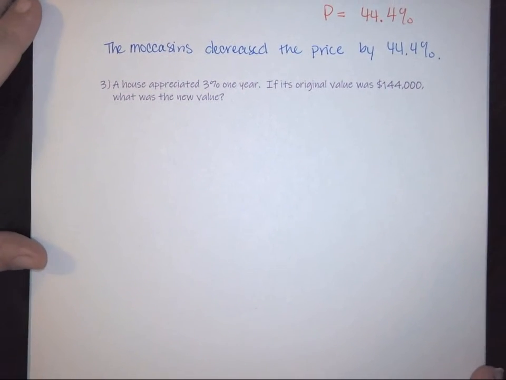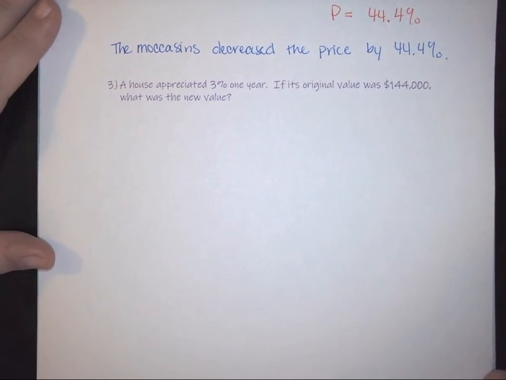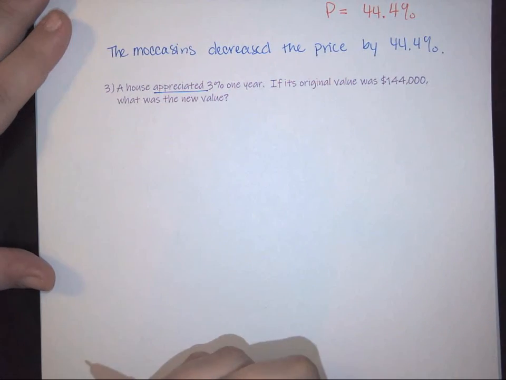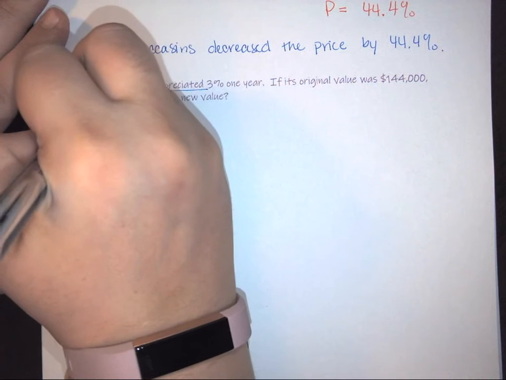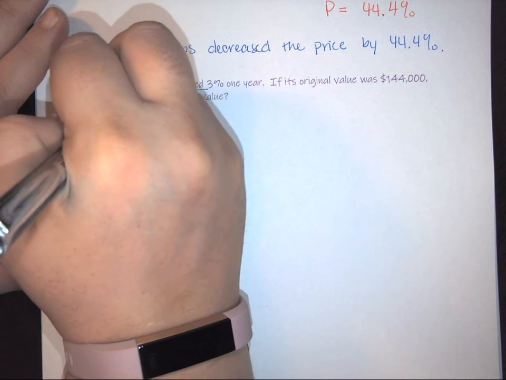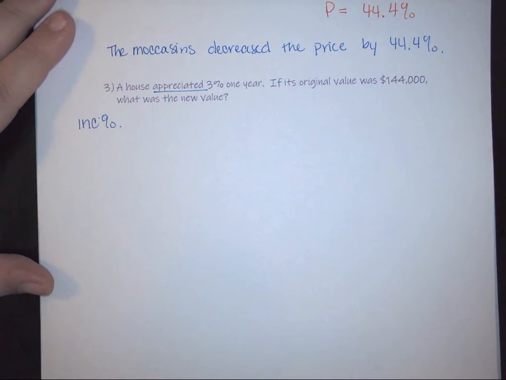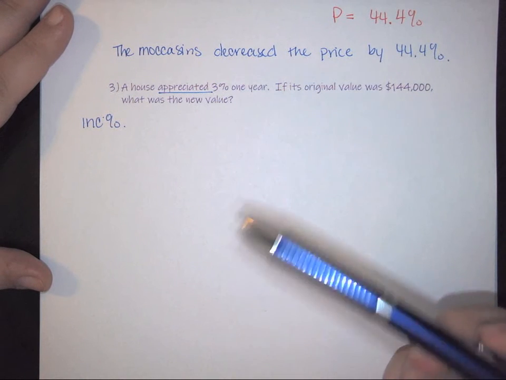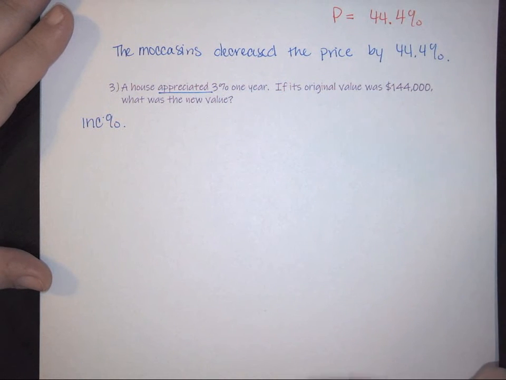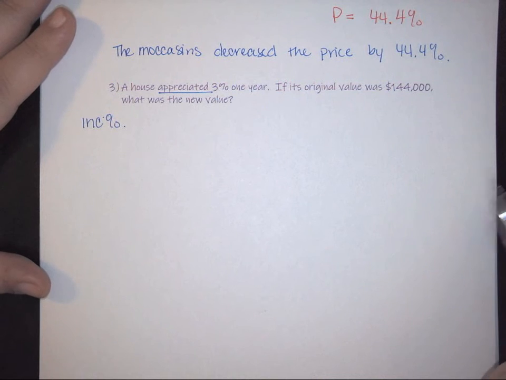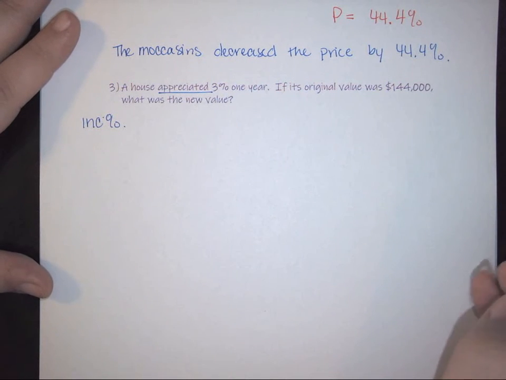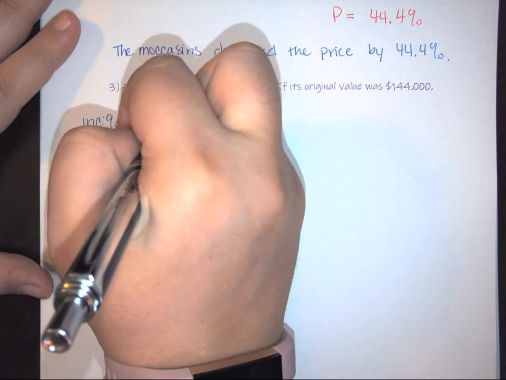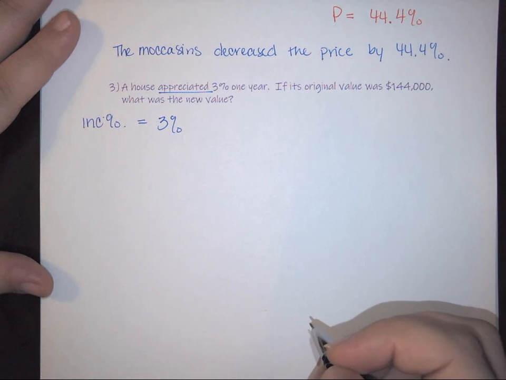Alright, last one I wanted to look at says a house appreciated. So appreciated means increase. So we are looking at an increased percent. So here it says a house appreciated 3% over 1 year. If the original value was $144,000, what is the new value? So here, this time, we have an increased percent of 3%.